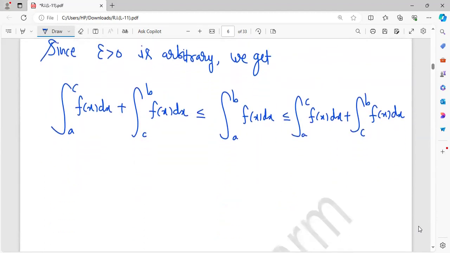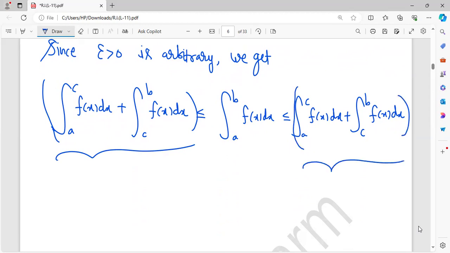The integral over [a, b] is greater than or equal to this quantity and less than or equal to the same quantity. So what does it mean?